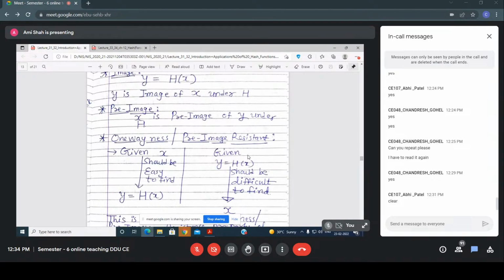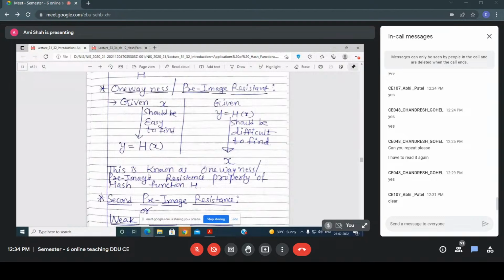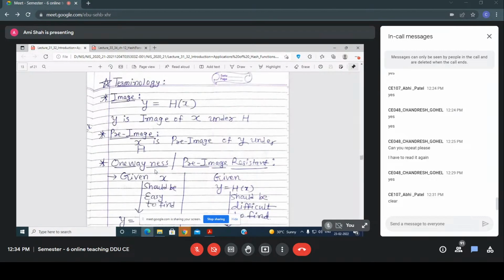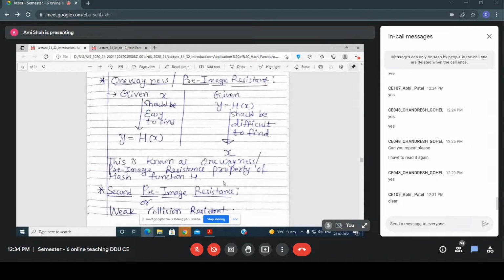But given y equals h(x), it should be very difficult to find x. That's why this is known as the one-wayness or pre-image resistance property of the hash function.